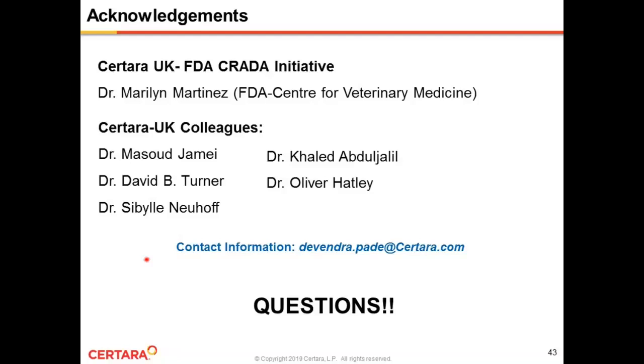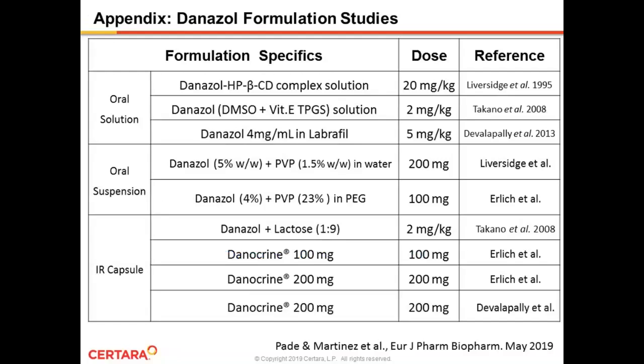In the Danazol case study example, what are the other formulations that were modeled? Oh, yes. In the Danazol case study, I have a slide here. These were the different types of formulations that were actually modeled here. We looked at a bunch of oral solution formulations, oral suspension formulations, and IR capsule formulations.